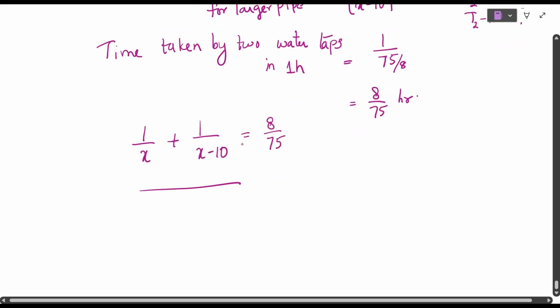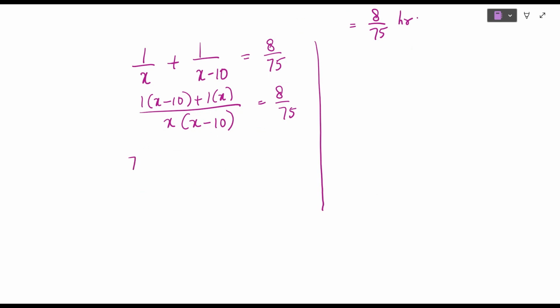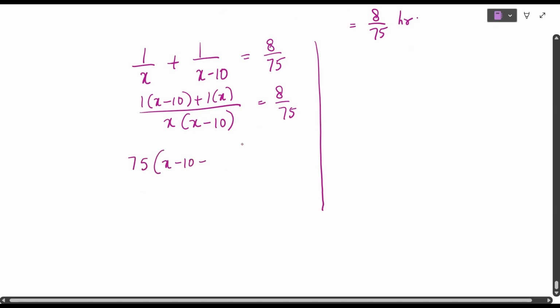Now take LCM. So 1 into x minus 10 plus 1 into x is equal to 8 by 75. So do cross multiplication, students. So 75 into x minus 10 plus x is equal to 8 into x square minus 10x. So x plus x is 2x minus 10. So 75 into 2x minus 75 into 10 gives 8x square minus 80x.